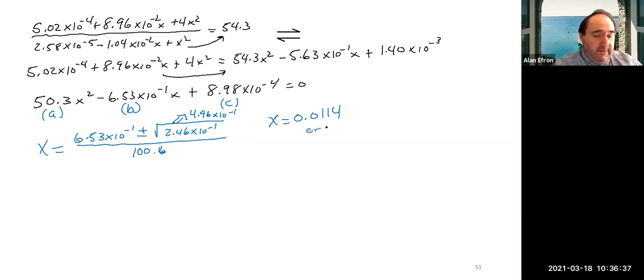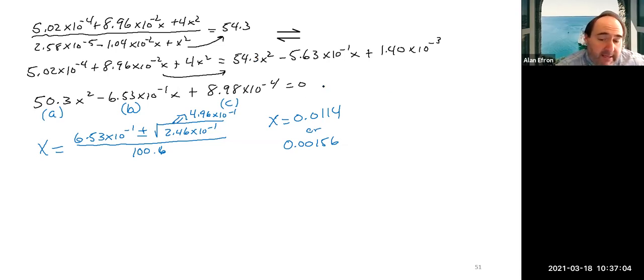If we come through and do the subtraction, so 6.53 to the negative 1 minus 4.96 to the negative 1 divided by 100.6, that's going to give us 0.00156 as our two x values. Any questions up until that point there?